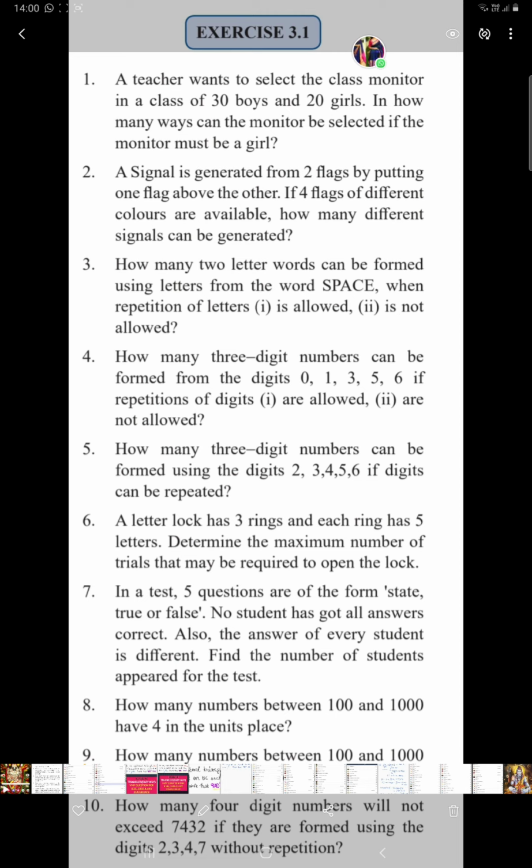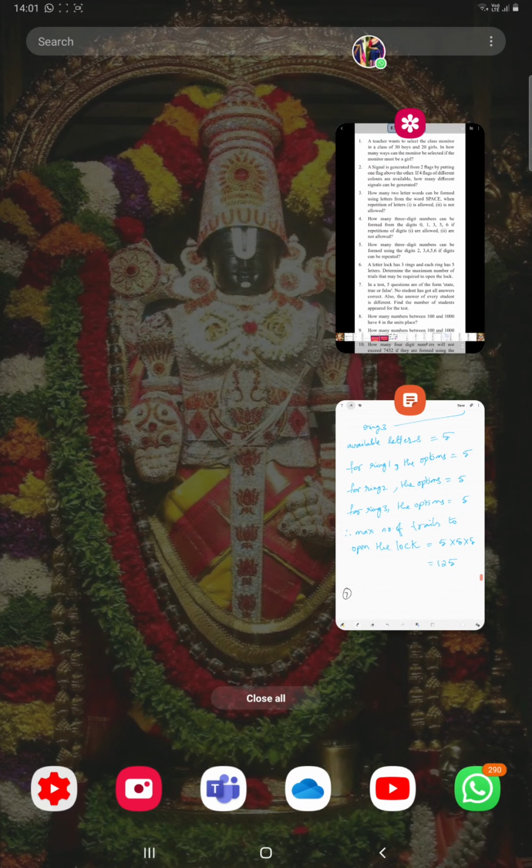Also, the answer of every student is different. Find the number of students appeared for the test. That means we have to find the total number of students who appeared for the test. Total number of questions: 5, and for each question number of options 2. Therefore, we will first find out how many total answers are possible.